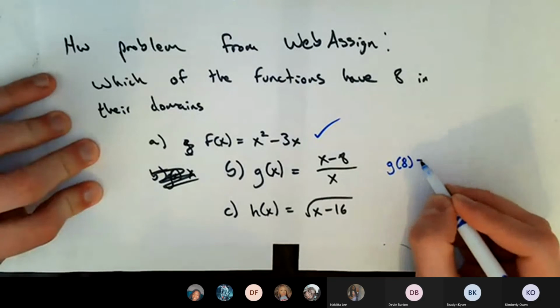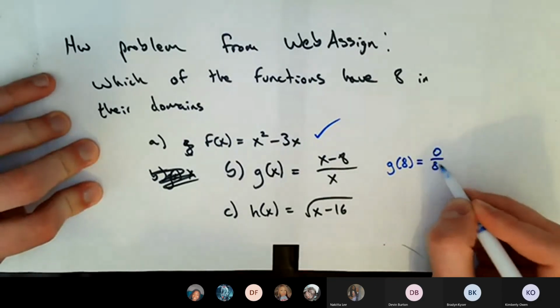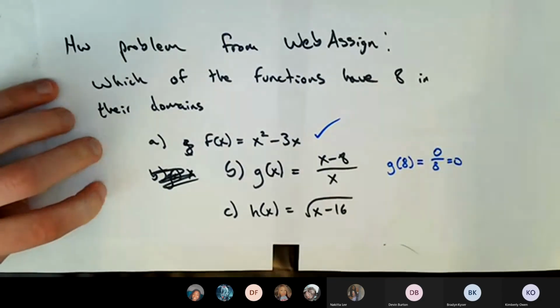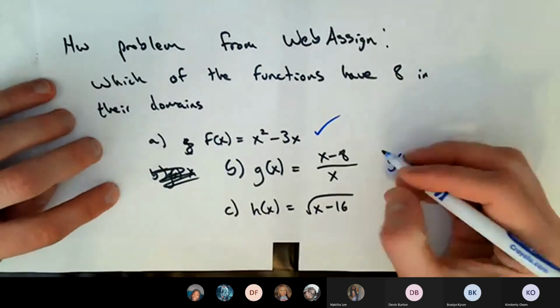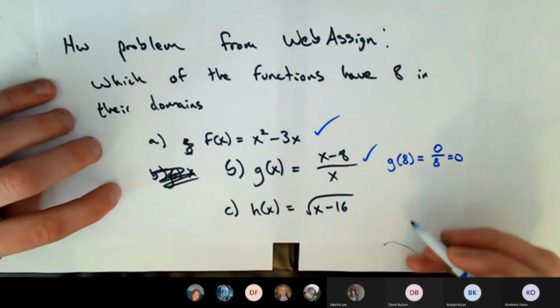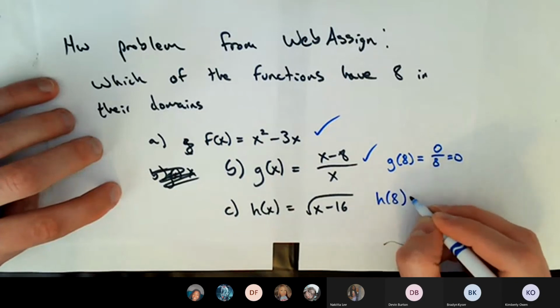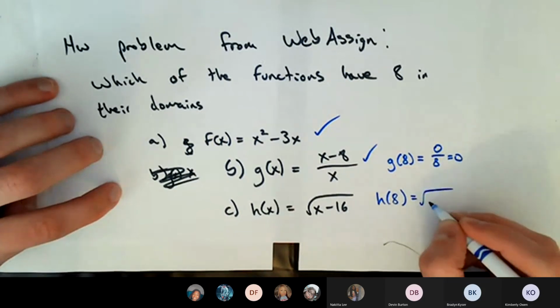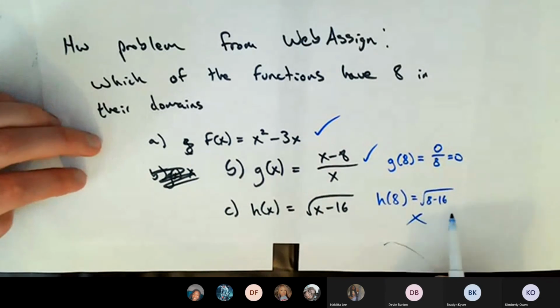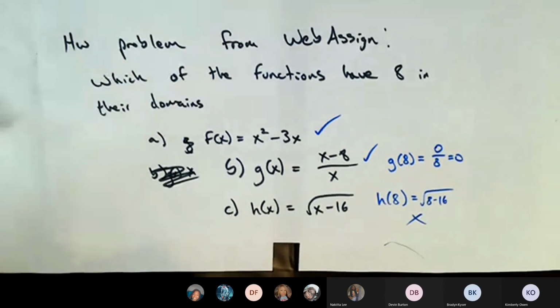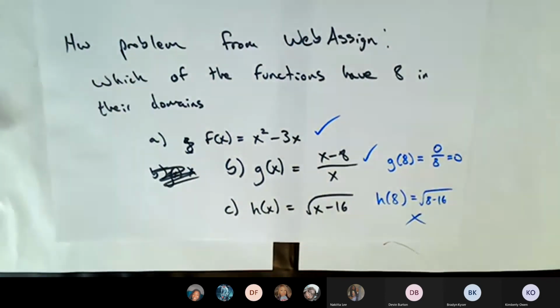G of 8 is equal to 0 over 8, but that's just 0. That's okay. You can have a 0 on top. 0 in the bottom is bad, but this is okay. What about h of 8? That gives me square root of 8 minus 16. That's not okay, because that's going to be a negative under there.